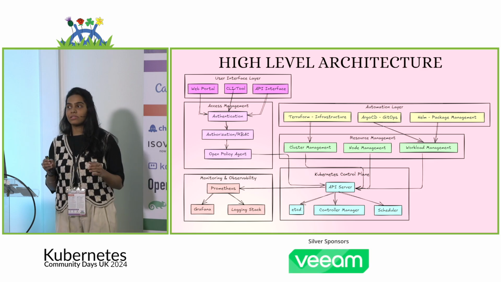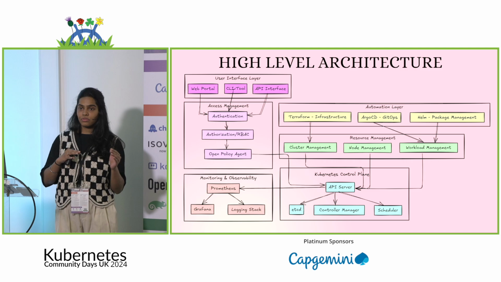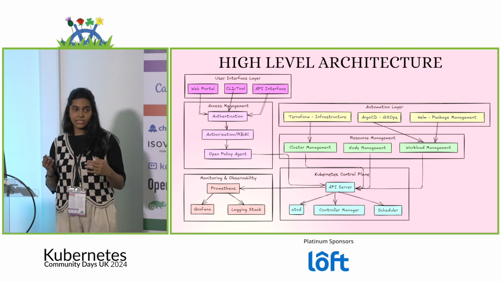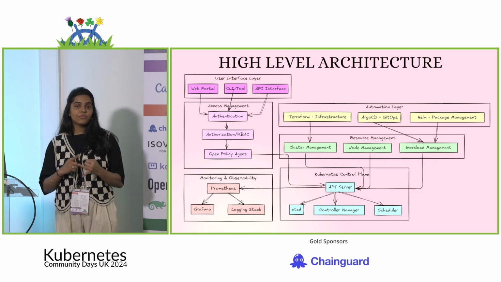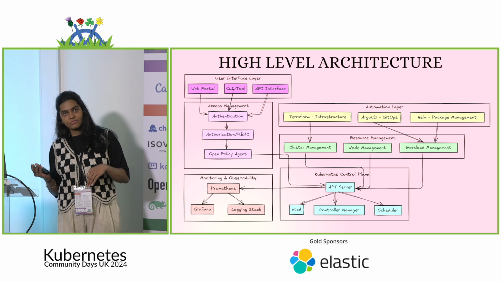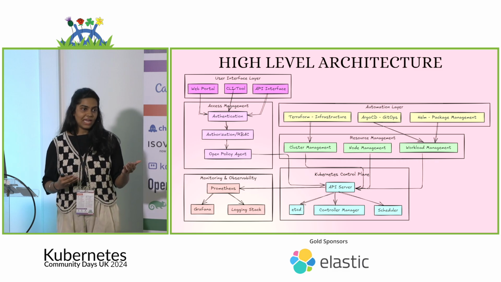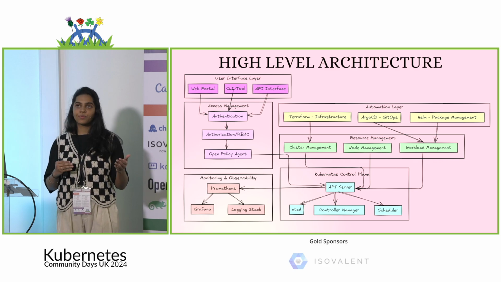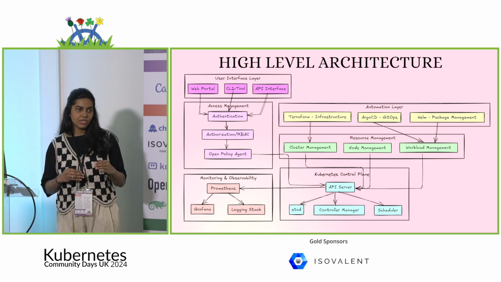Prometheus is the one that will monitor the metrics, and with Grafana, you can visualize it. And with the help of KubeCost, you can check whether it is going ahead of what you have planned. KubeCost can help you in reducing the cost.